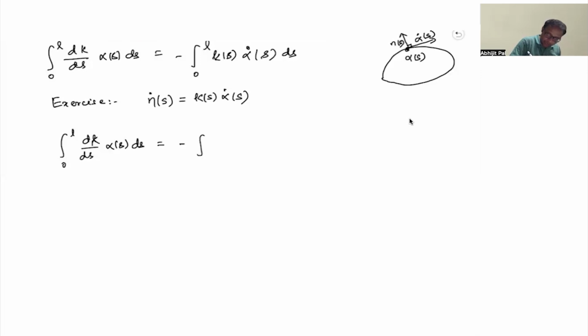Once you prove this exercise, this integral will be equal to minus the integral from 0 to L of the derivative of this normal vector.